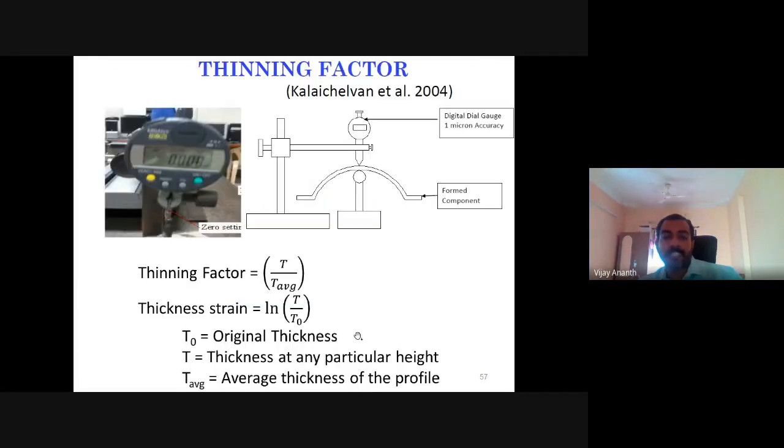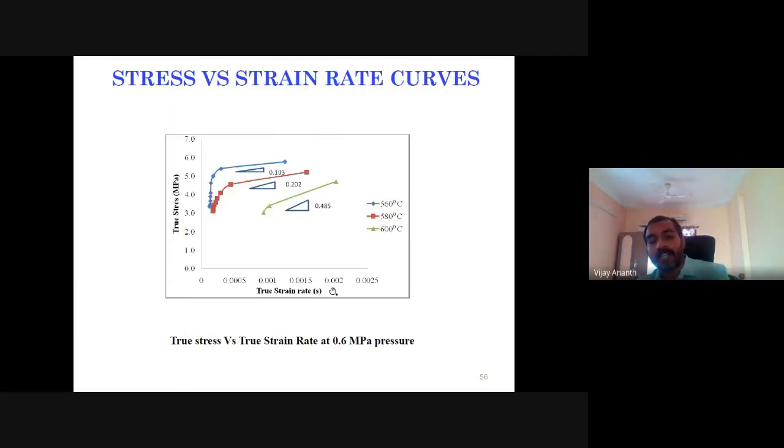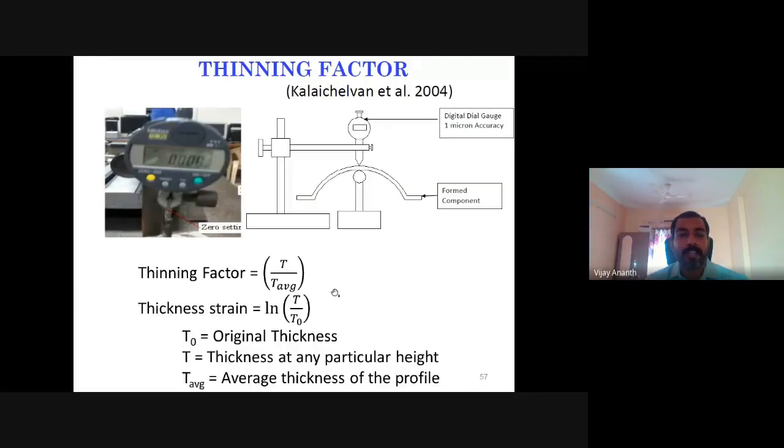This is for 0.6 megapascal. In the same way we calculated for 0.4 as well as 0.2 megapascal. At 0.4 megapascal we have very good formability, and we get an M value of nearly 0.345, so more than 0.3 for this composite.